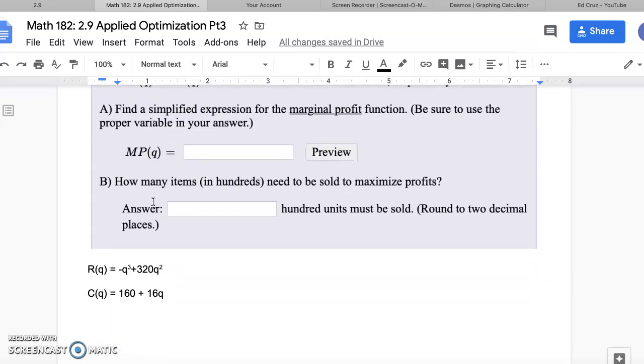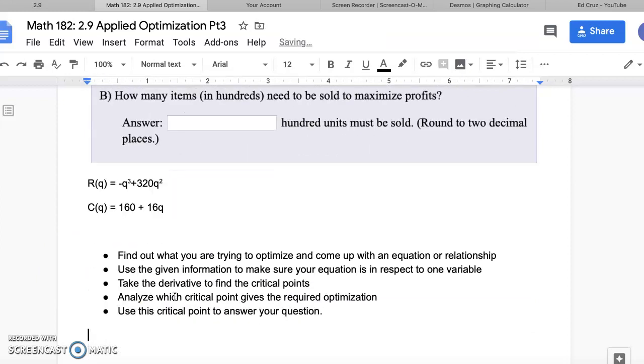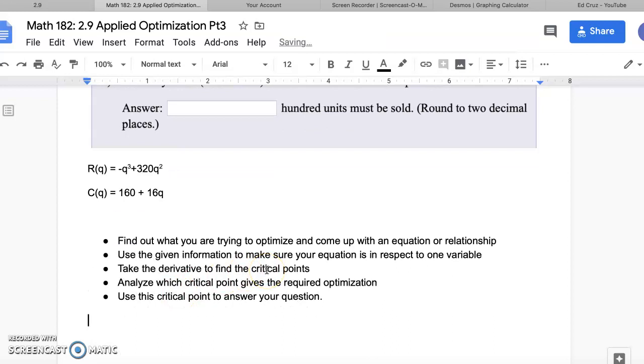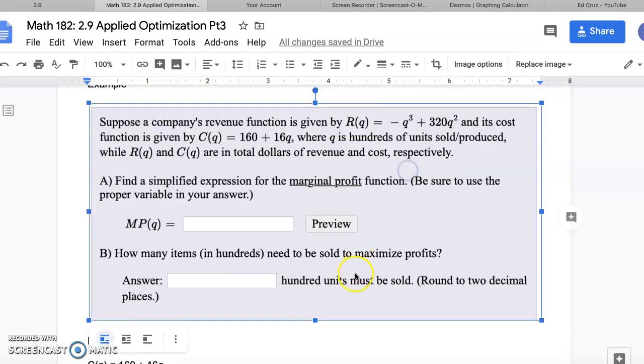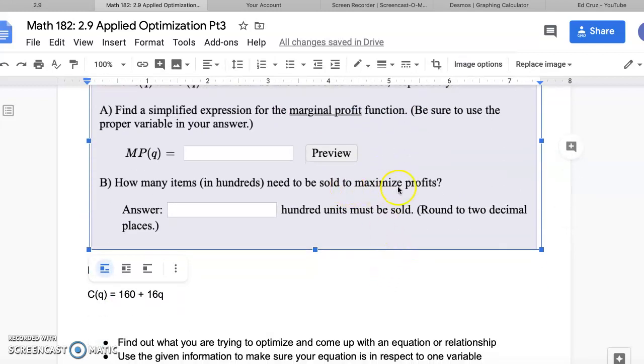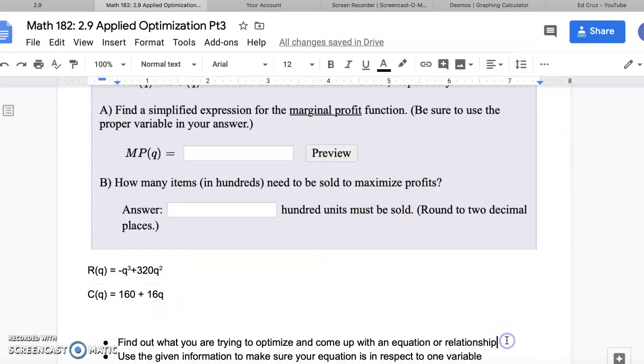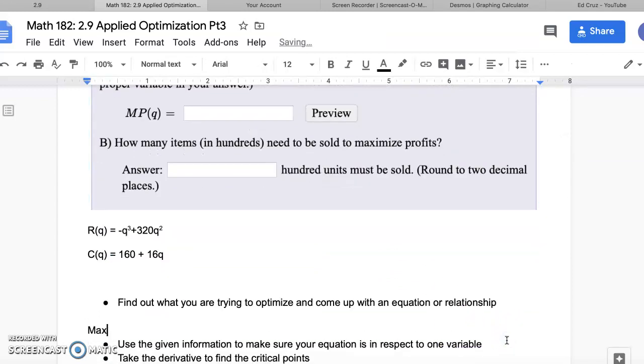So I went ahead and started off with our R of Q and C of Q. And what we're trying to do, if we look at the problem, is find out the maximum profits. We want to maximize profits, so it's right there. So let's go ahead and write that out.